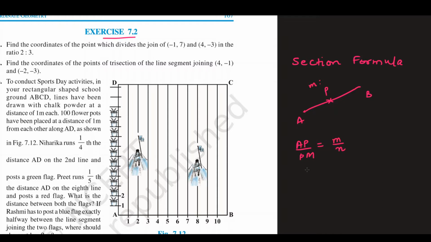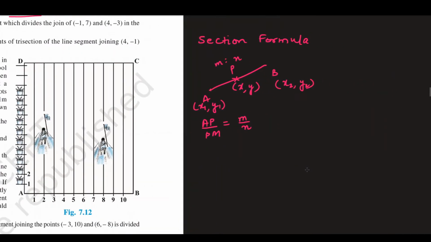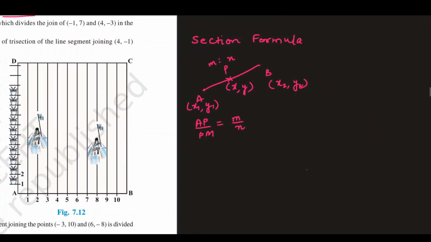M is to n. So if the coordinates of point A are x1 comma y1 and B is x2 comma y2, and say the coordinate of point P is x comma y, we know x1, y1, x2, y2, m and n, and we want to find x comma y.